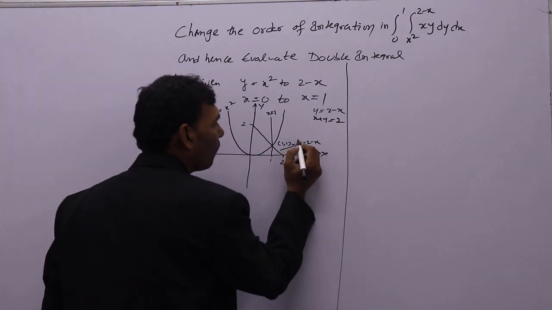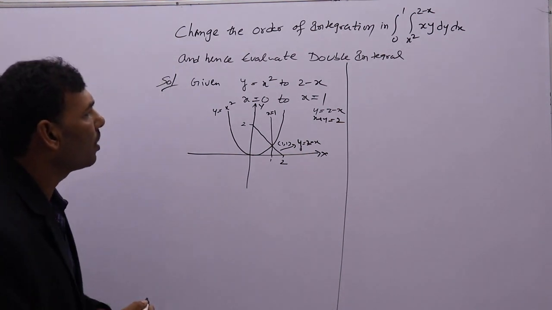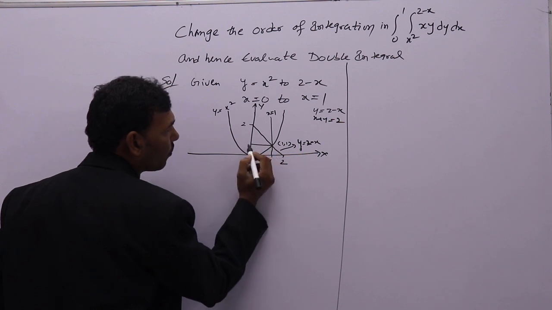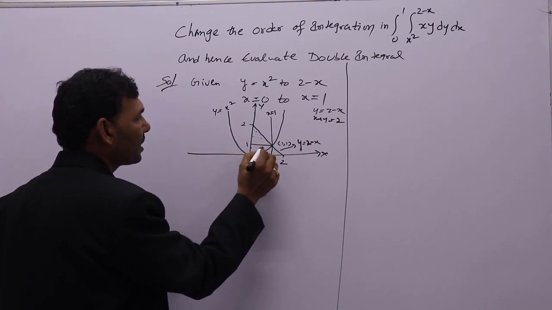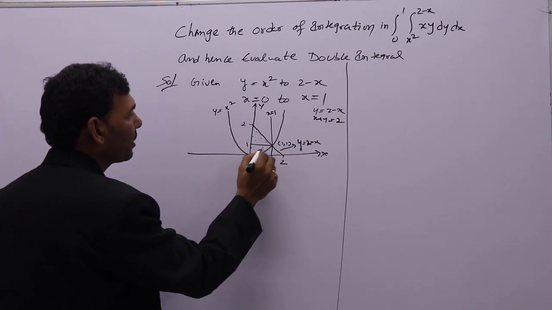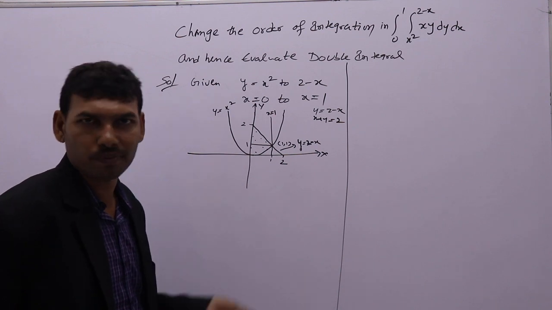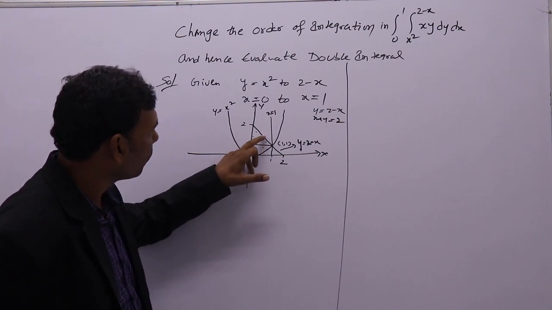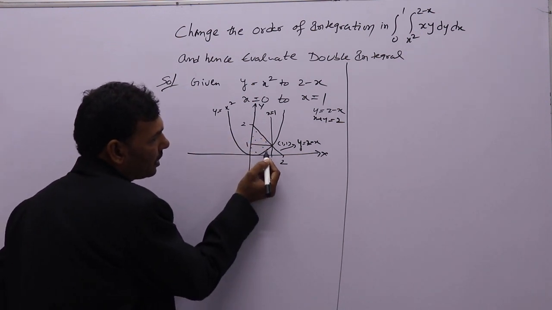Now this is the common region. This complete region is common, but it is not formed by two curves. It is formed by 1, 2, 3 curves.